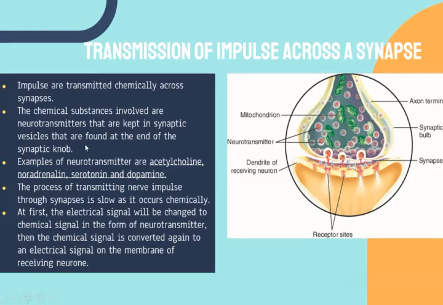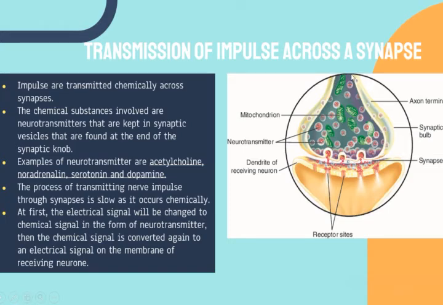Let's go to the second point here. The chemical substances involved are neurotransmitters, which are kept in a synaptic vesicle found at the end of the synaptic knob. This is the synaptic knob here.